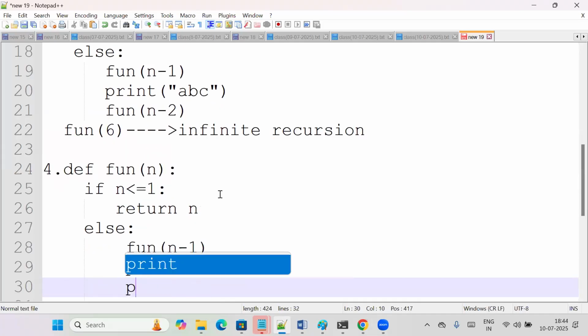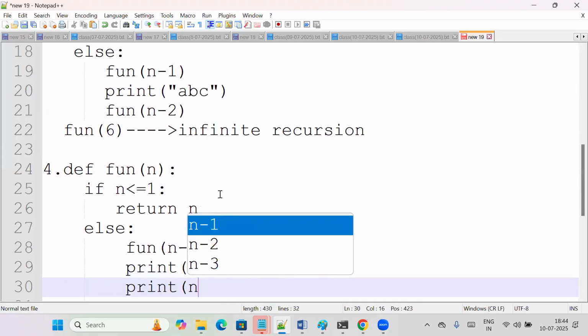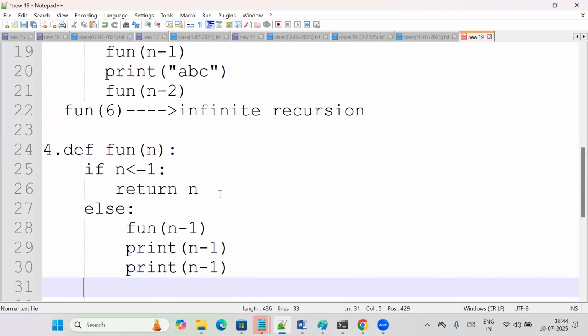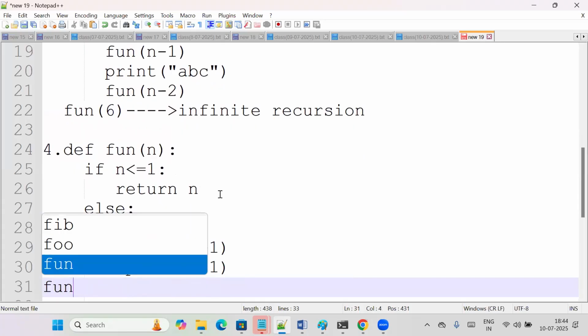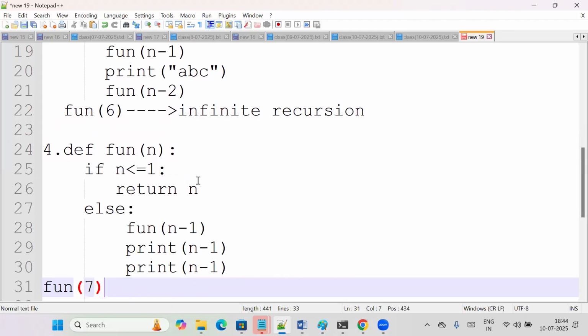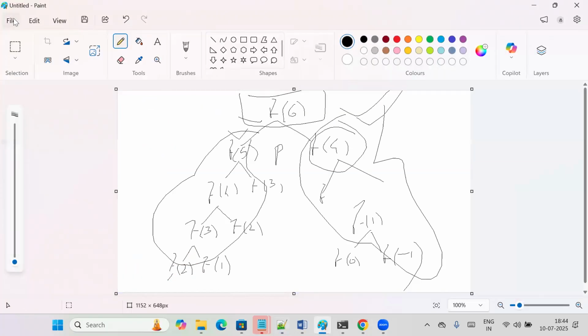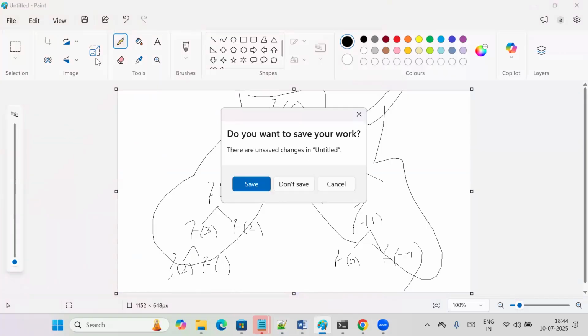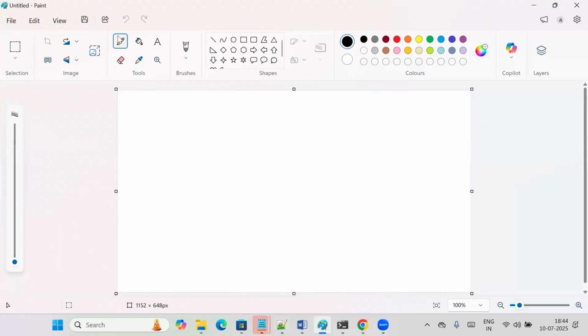See guys, this is not a function, print. Again, function of n minus 1 and function. Okay. Can you tell me, guys, what is the output of this one? See guys, how you are getting negative, it is so simple. See guys, are you listening to me properly or not? See here. See the function call.